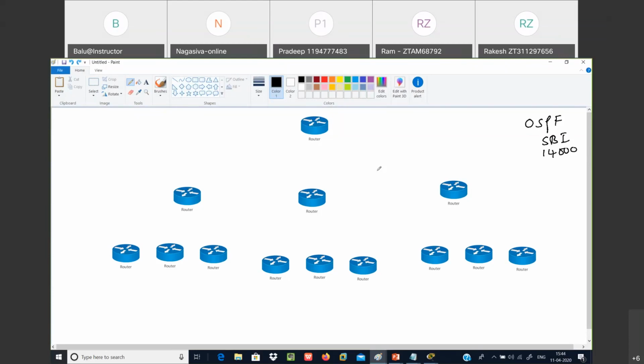As we discussed earlier, the 14,000 branches are connected in different areas: small offices, medium offices, large offices, rural area banks and urban area banks. Based upon the requirement, Cisco has different categories of routers. You remember in the introduction to routers we discussed the 2600 router, 2800 router, 6000, 5000, right? What was the difference between the 2600 router and the 5000 series and 9000 series routers? The 2600 series has Ethernet or Fast Ethernet ports. Higher series can be Fast Ethernet or gigabit.